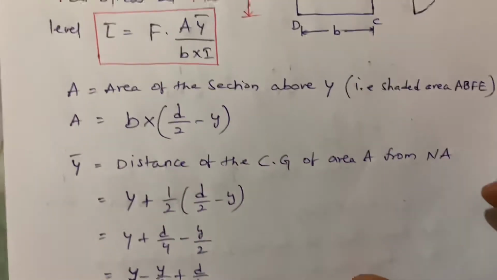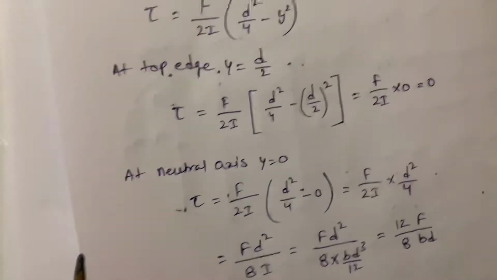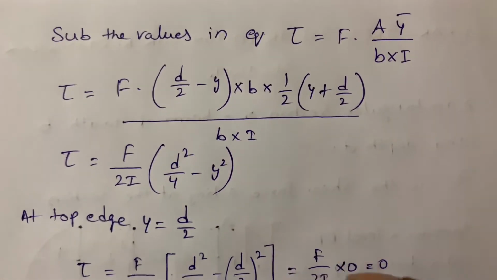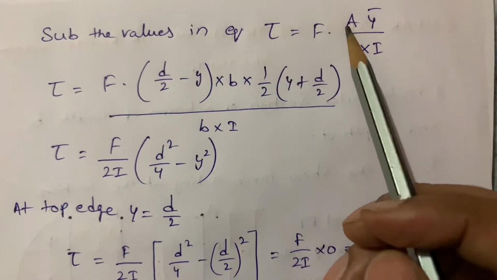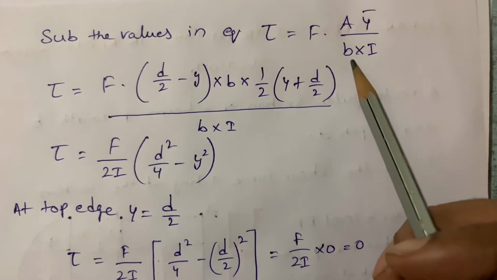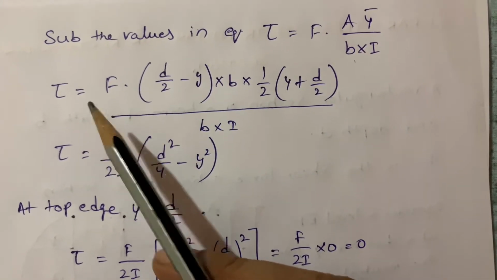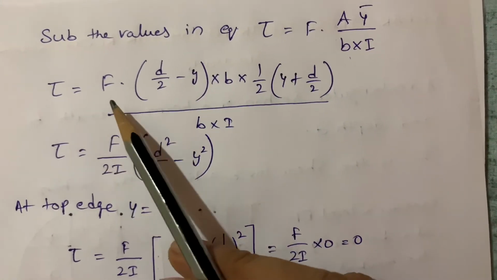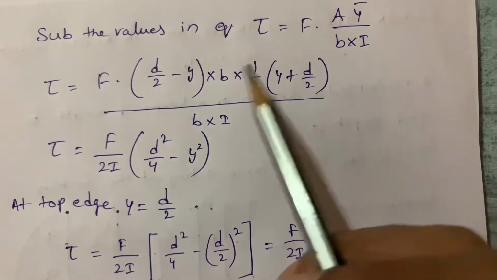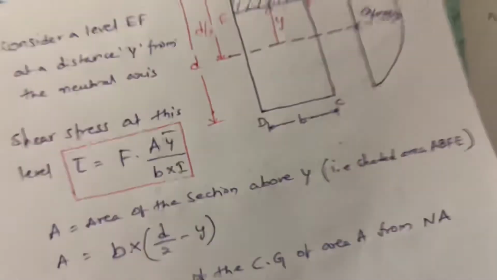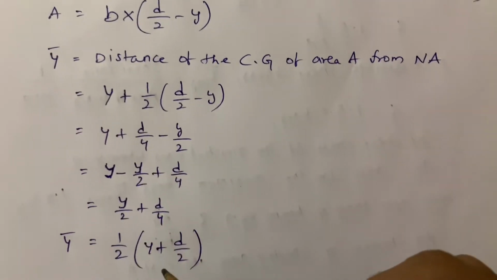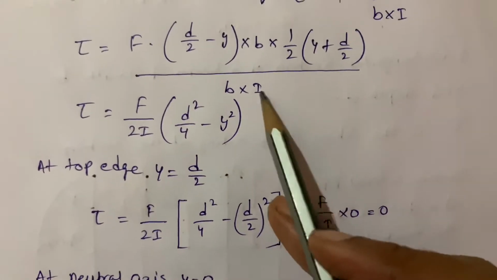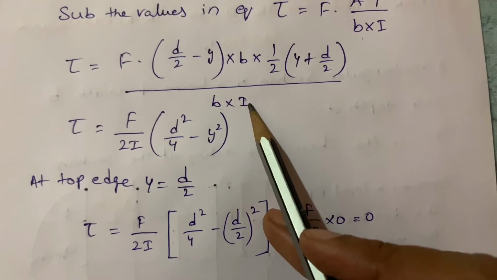Next, we are going to calculate the tau value. We know that shear stress in beams, tau, equals F into A into y bar by B into I. So I substituted all the values: A is B into (D by 2 minus y), and y bar is half of (y plus D by 2), where B is the width of the beam and I is the moment of inertia.